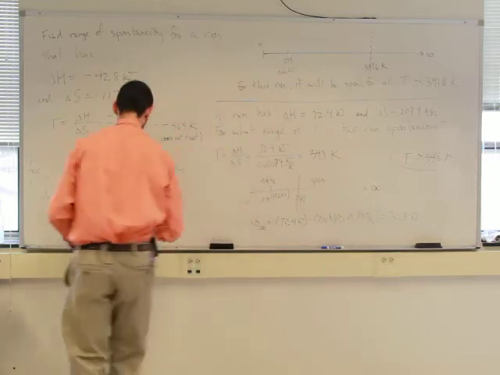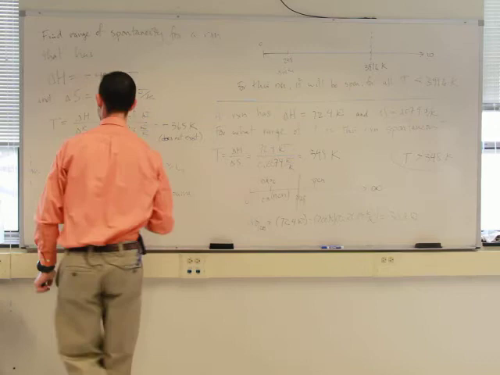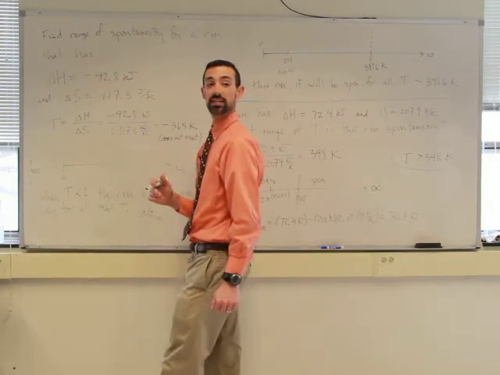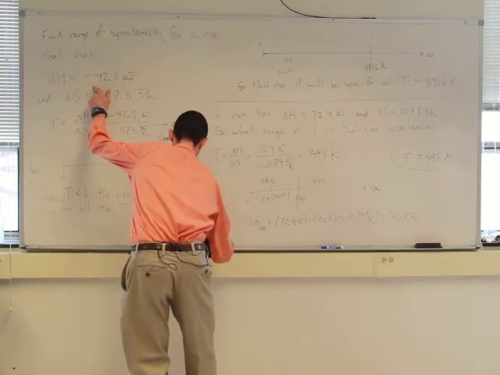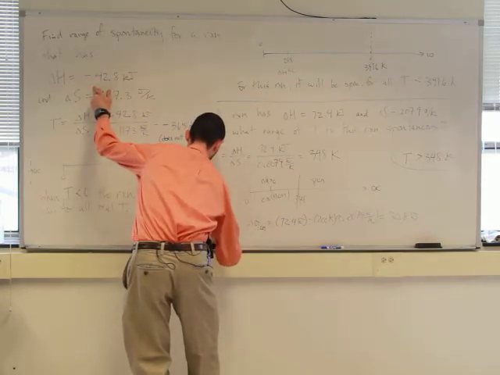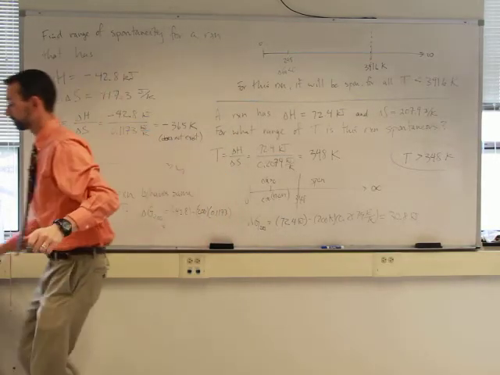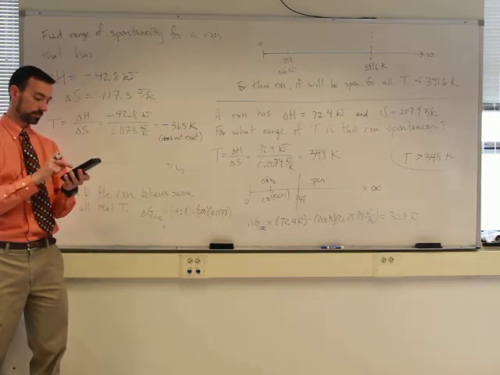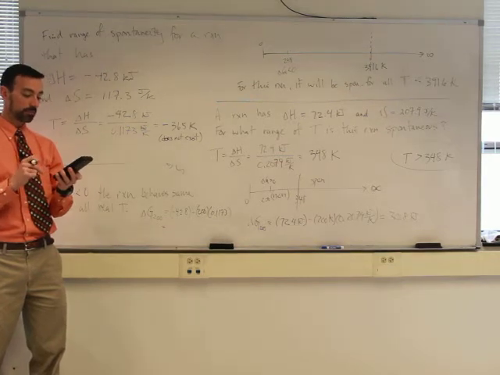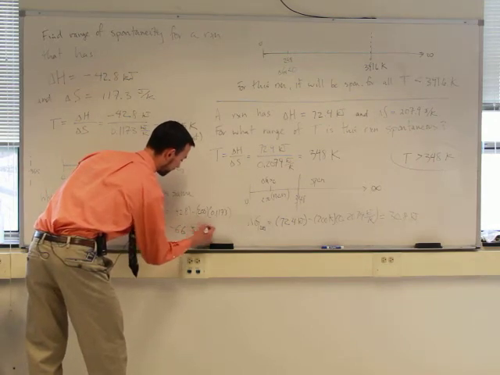So when I test a real temperature here, let's test 200 again, I better get a negative delta G telling me it's spontaneous. So negative 42.8 minus 200 times 0.1173. Yep, negative 66.3 kilojoules.